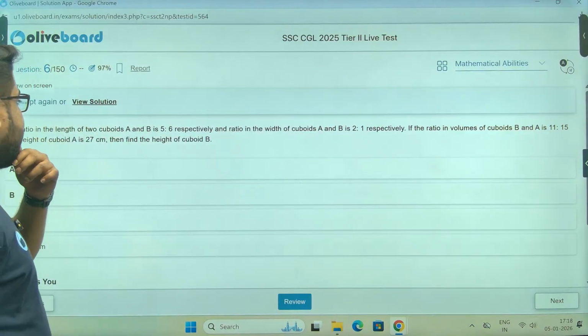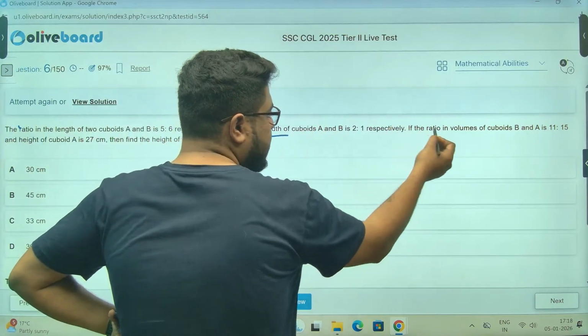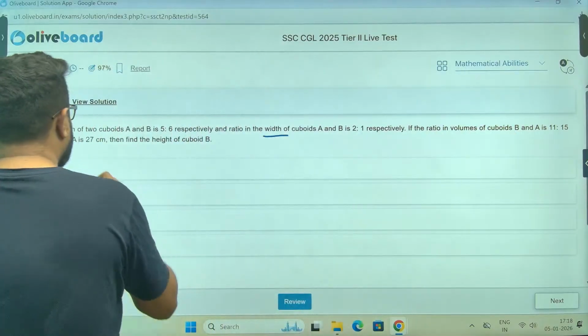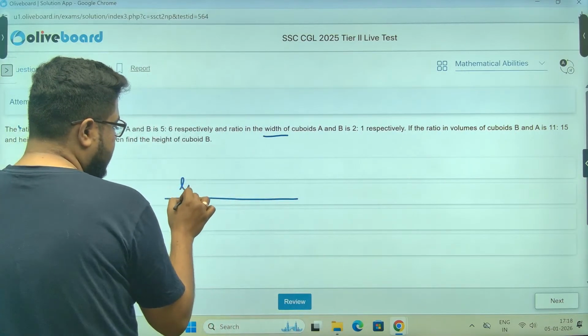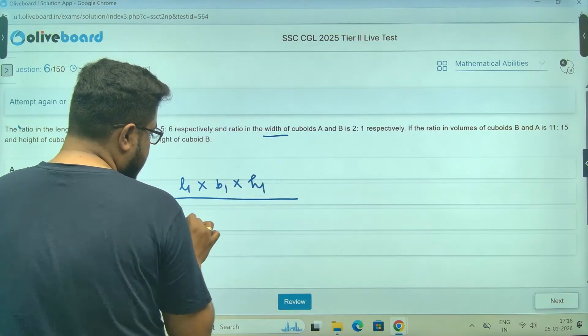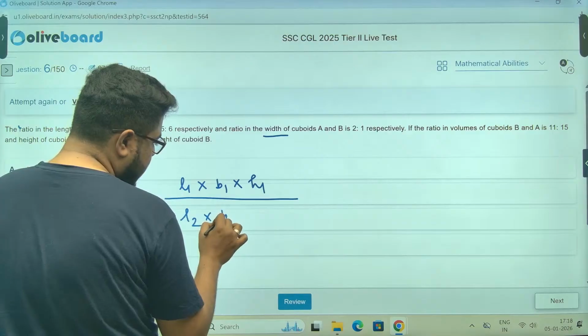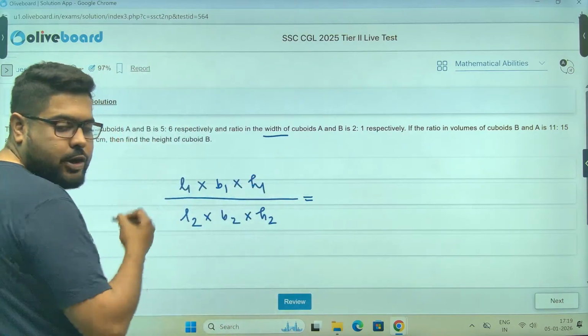The ratio of the lengths of two cuboids is given, the widths are given, the volumes are given. Volume is length L1 into breadth B1 into height H1, and L2 into B2 into H2. Volume 1 by volume 2.